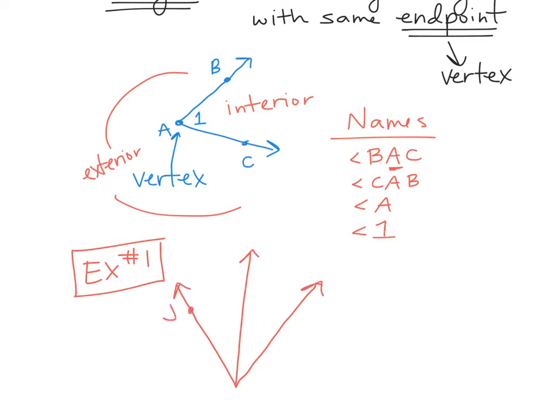So there's a point J, K, L, M, and then a 1 and a 2 there. My question is, how many ways can you name angle 1? Okay, so if I want other names for angle 1, what could you call it?